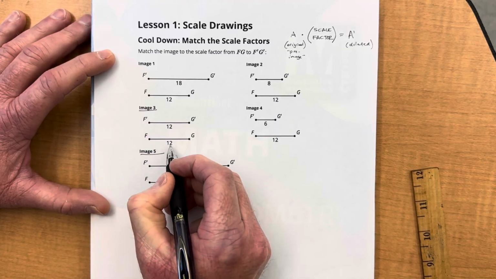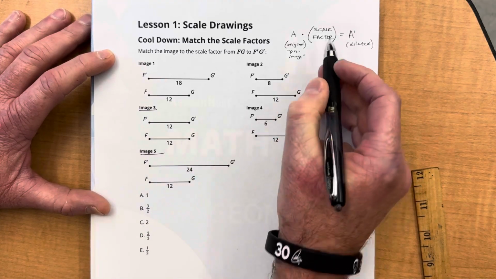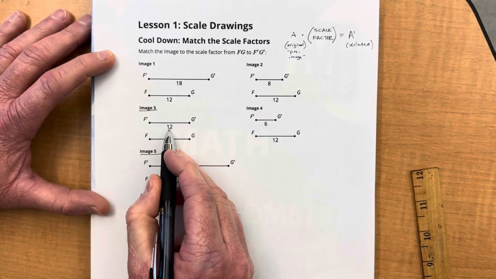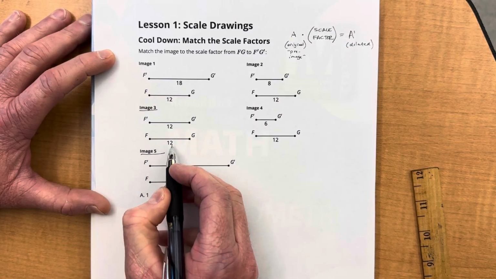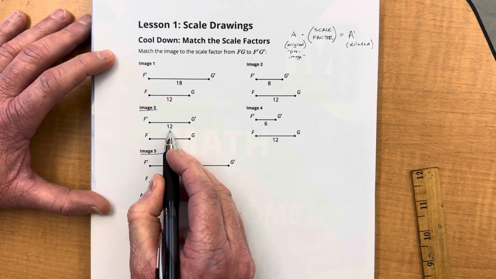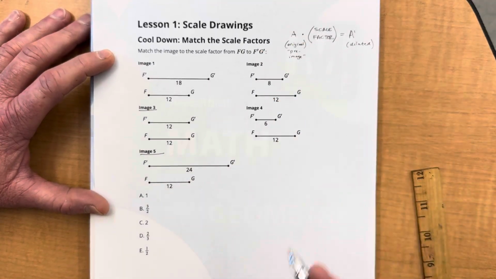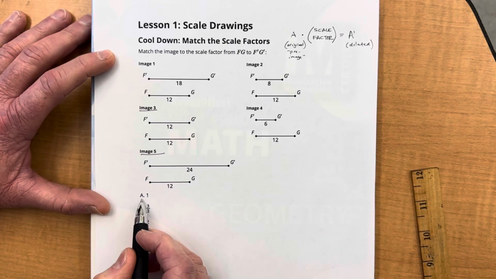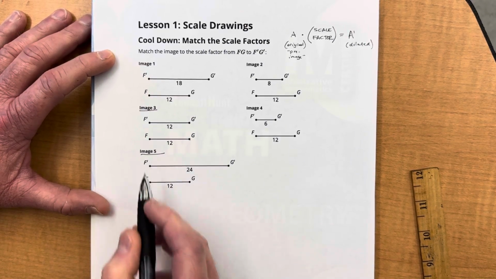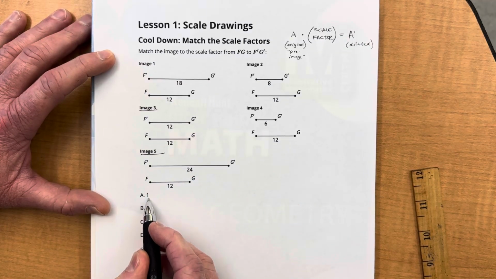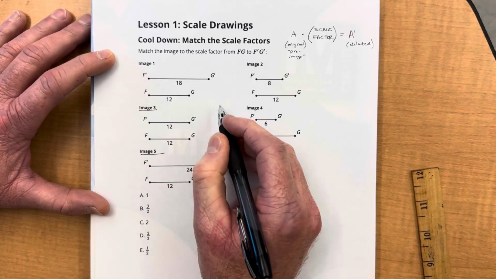So 12 times what, so the original times what equals 12. 12 times what equals 12? 1, right? And there's A, which is 1. So to go from this to this, you just multiply by 1. So the scale factor is 1. So on here, you just say A.